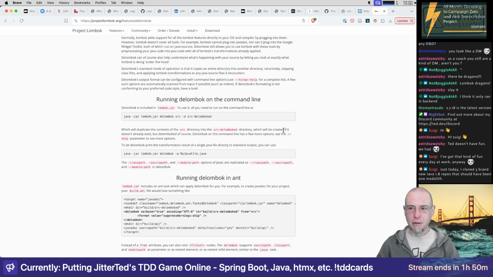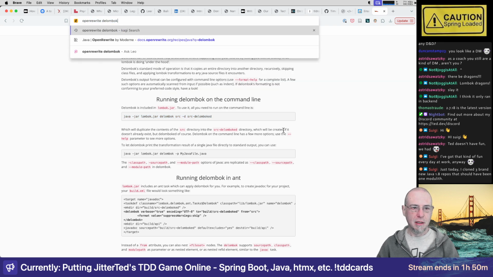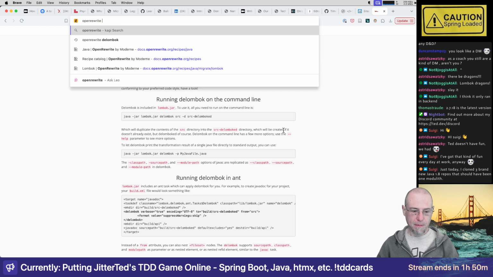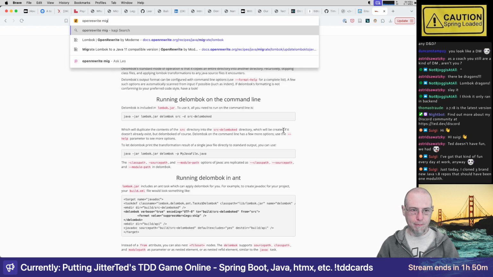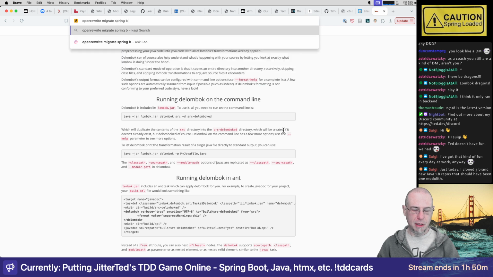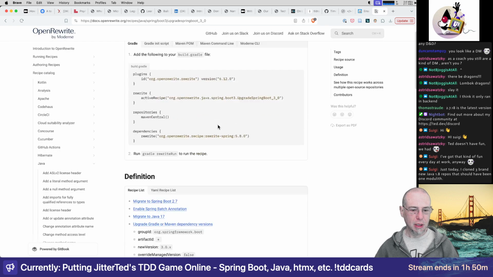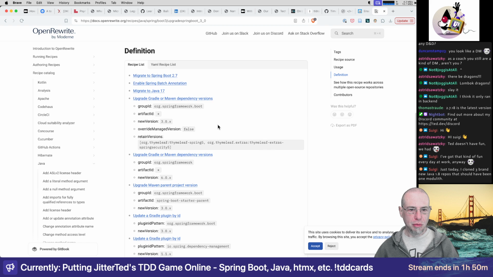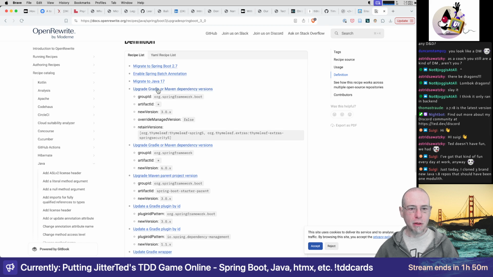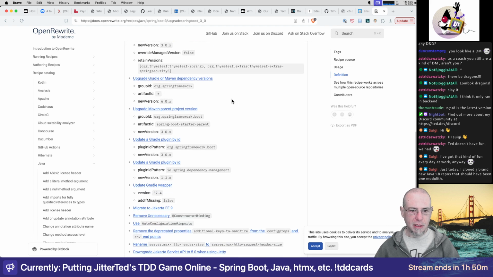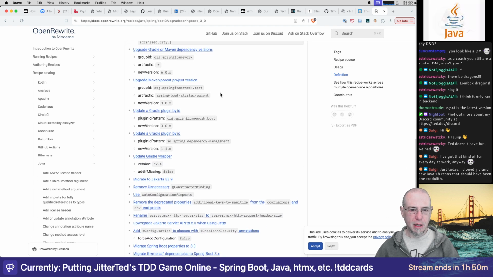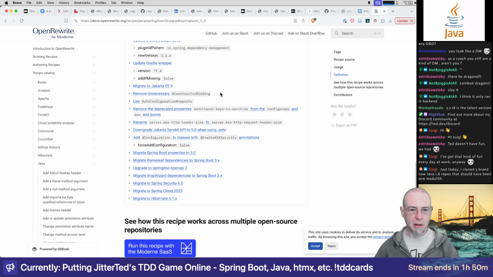So we're going to go OpenRewrite, migrate Spring Boot autowired. So it'll already migrate to 17. We're fine with that. It'll upgrade dependencies. It'll upgrade the parent POM. Remove unnecessary constructor binding.